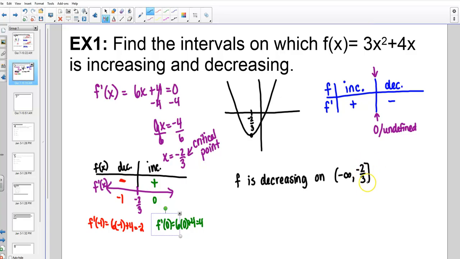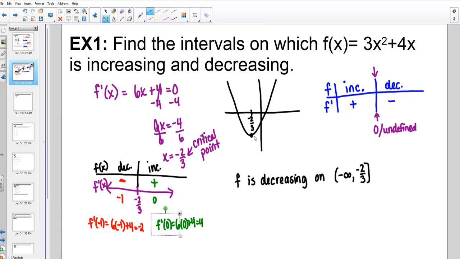Now here's something that I find almost confusing, but it is how you're supposed to do it. You're going to use a bracket with that negative 2/3. The definition used for decreasing by AP just says that it's decreasing if the point is lower than the point before it. So even at negative 2/3, this point is lower than the point that comes before it.